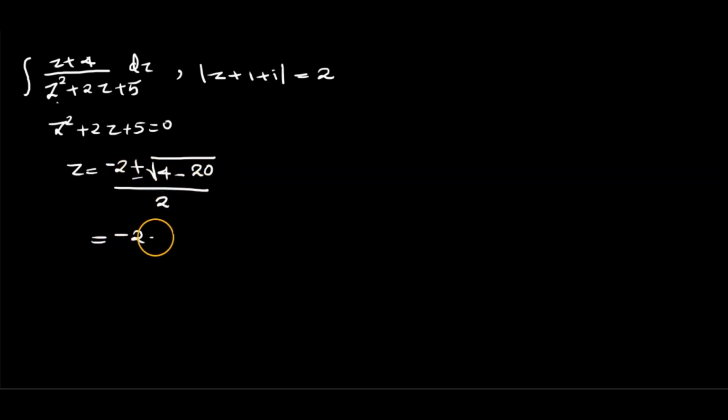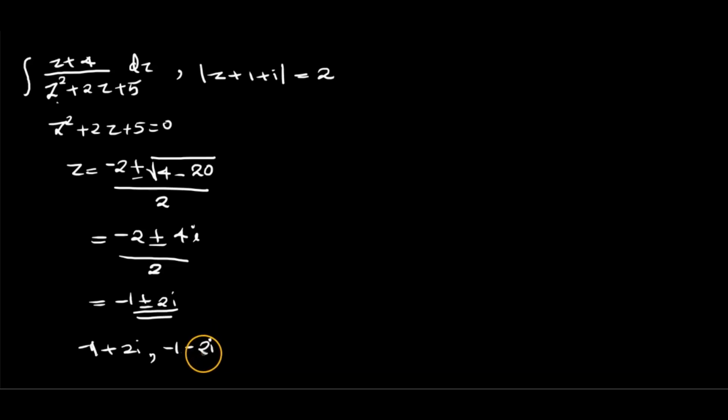This is root of minus 16, that is 4i. So 4i divided by 2, that is minus 1 plus or minus 2i is the root. Minus 1 plus 2i and minus 1 minus 2i are roots of this function. These are our singular points.